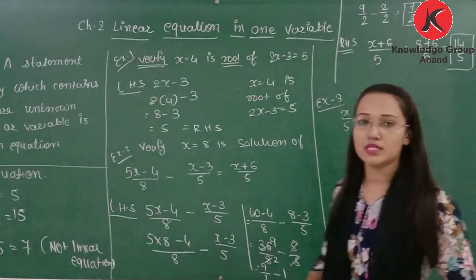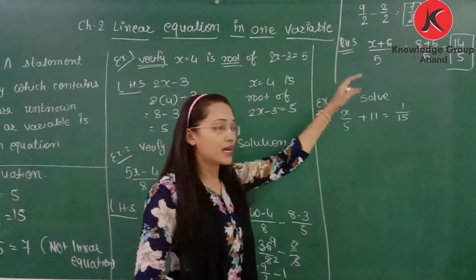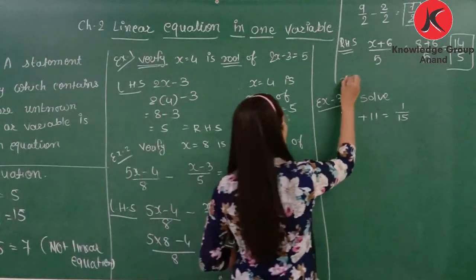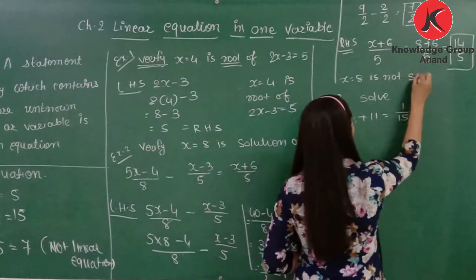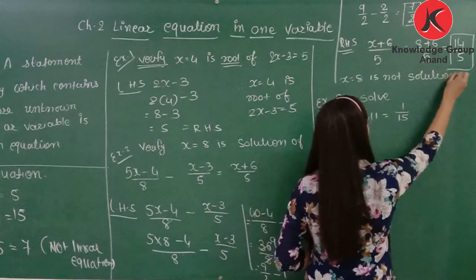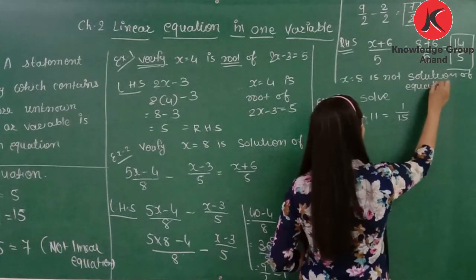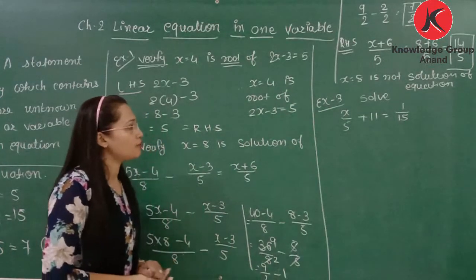So now you can see our left hand side, that is 7 by 2, and our right hand side is 14 by 5. Not same. So x is equal to 8 is not a solution of the equation. If we get both left hand side and right hand side same, then it is the solution of the equation.